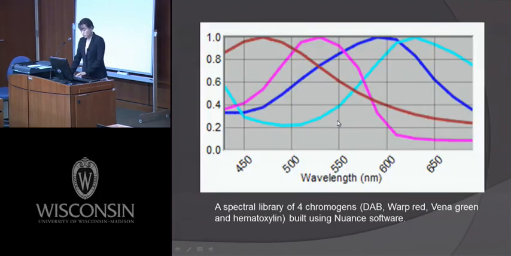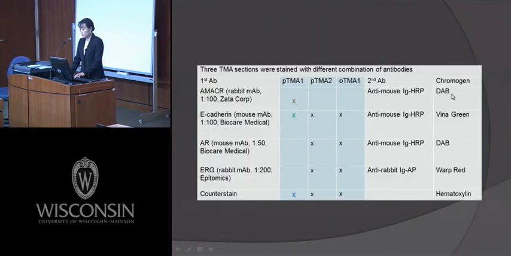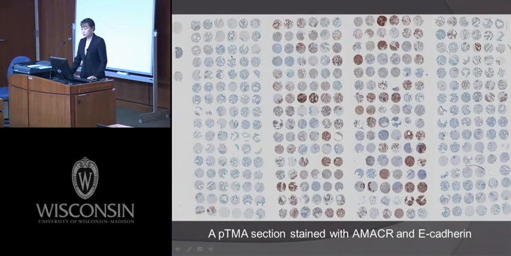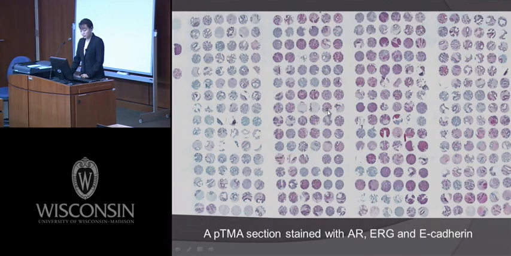These images show the spectral library constructed and built with these 4 dyes. This is a low power view of the TMA. And this is an image of the progression array stained with these 3 antibodies: AR, ERG, and E-cadherin.